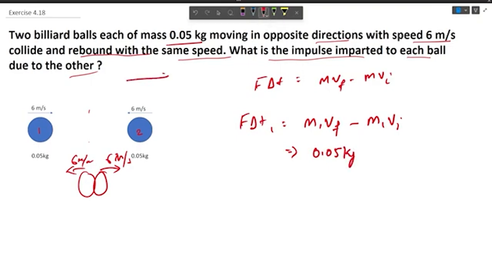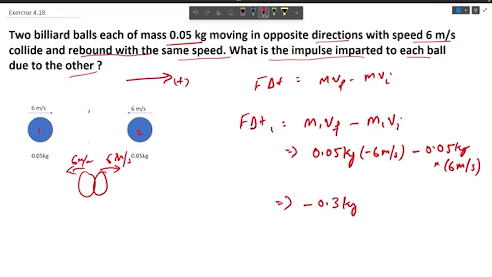Let us assume this is the positive direction of velocity. Now v final for ball 1 is minus 6 meters per second, minus 0.05 kg multiplied by v initial, which is in the positive direction, 6 meters per second. That would be equal to minus 0.3 kg meter per second minus 0.3 kg meter per second, which equals minus 0.6 kg meter per second.